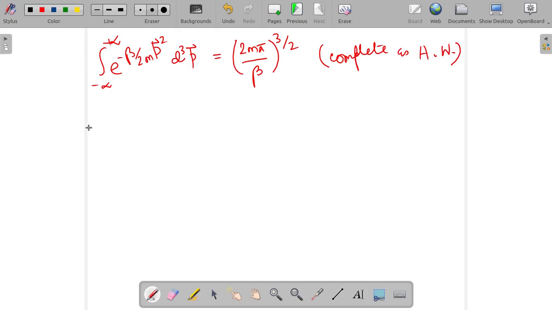So what is our respective partition function?